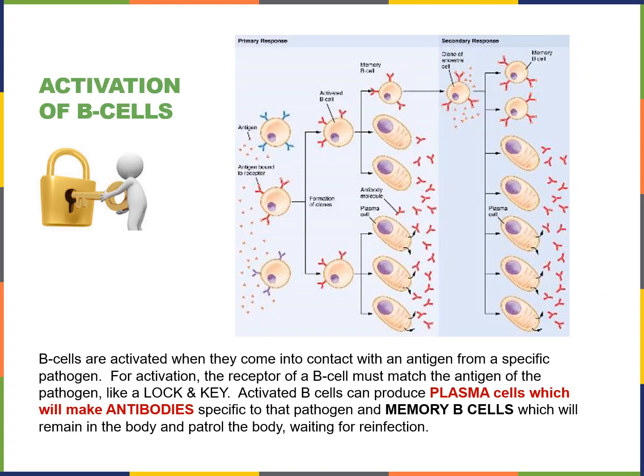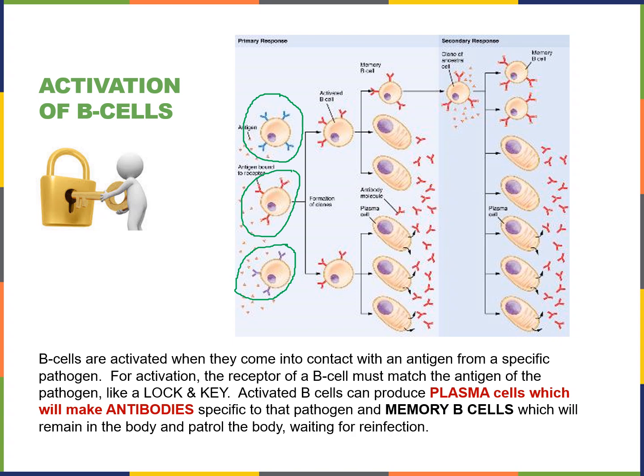Now, what about B cells? How do they become activated? So it's a similar principle, except in this case, if we look here, here's a diagram of B cells with antibodies on the surface. Now, in this diagram here, they're using color to convey the concept that each B cell makes a specific antibody molecule.